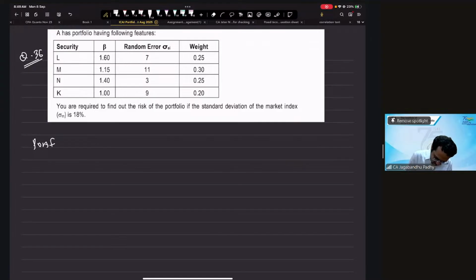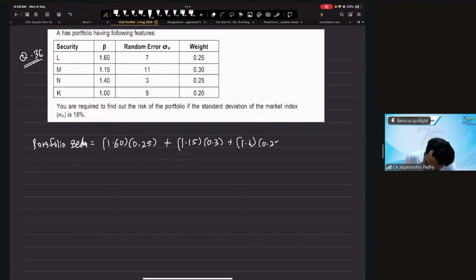Let's first talk of what is the portfolio beta. Portfolio beta is 1.60 into 0.25 plus 1.15 into 0.3 plus 1.4 into 0.25 plus 1 into 0.2.